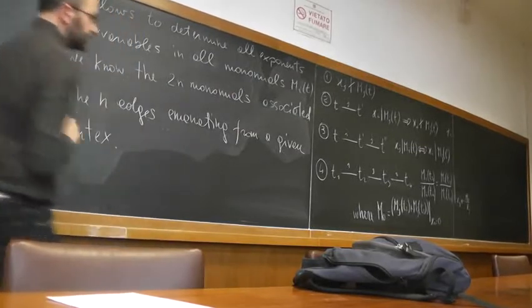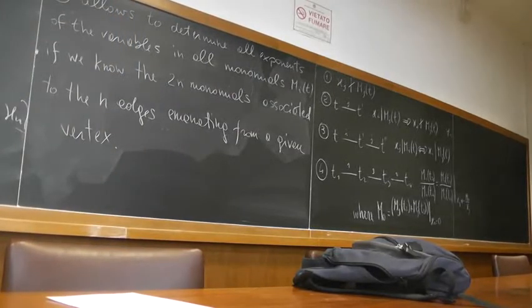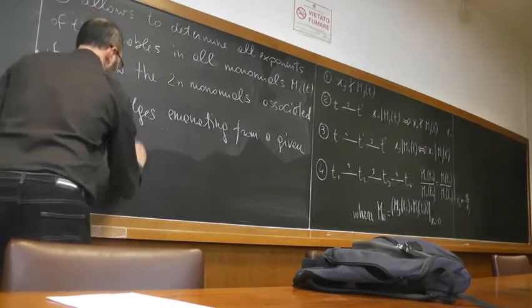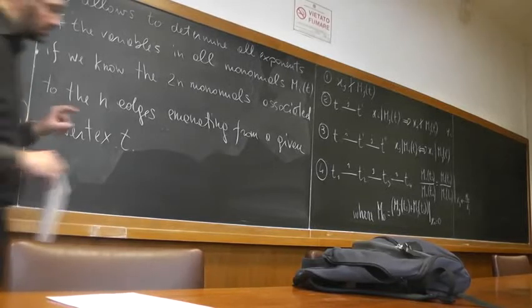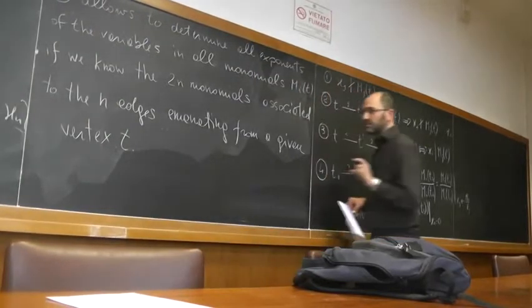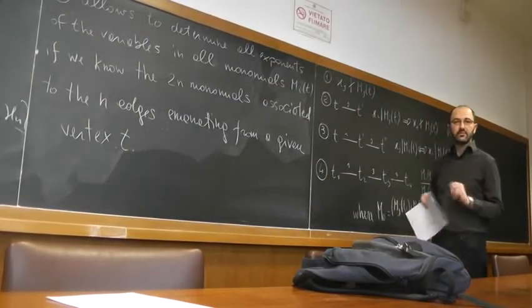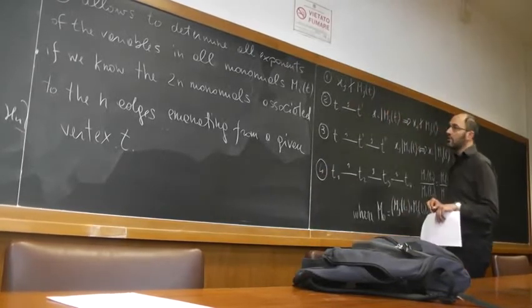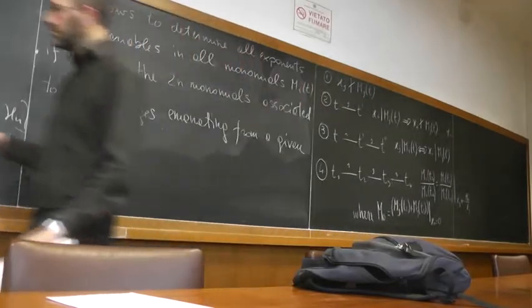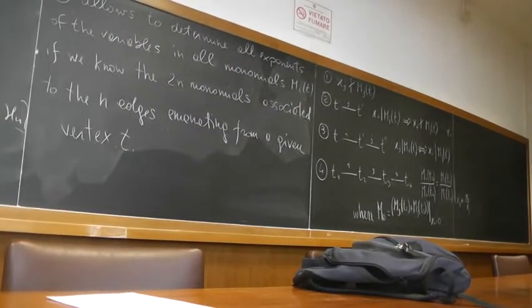Let me explain this better. So if we fix a vertex t, then there are n edges emanating from t, and on these n edges there are 2n monomials. If we know these 2n monomials, then we know all the exponents d1, ..., dn appearing in all monomials m_{i,t}, for all i and all t. Maybe we can justify this.